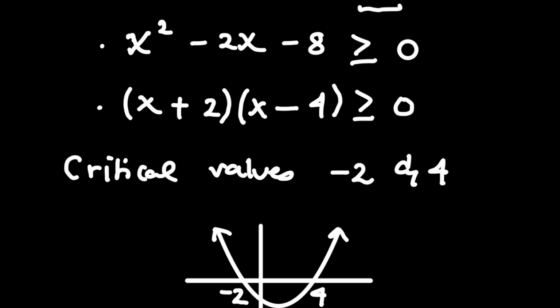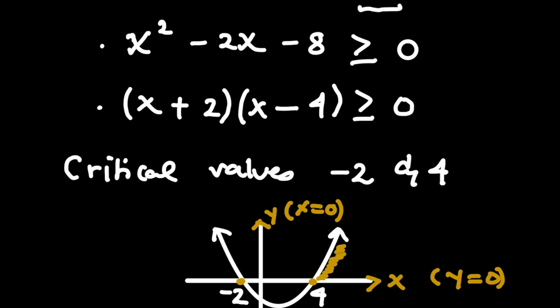Remember that this is the x-axis here, right? Its equation is y equals 0. This is the y-axis here. Its equation is x equals 0. So this is asking us, where is this graph on, because of that equals to, on or above the x-axis? You see?